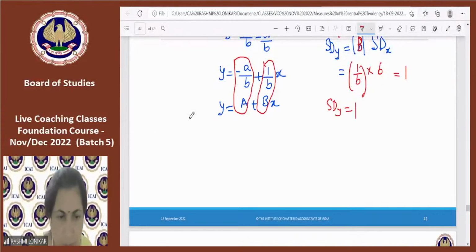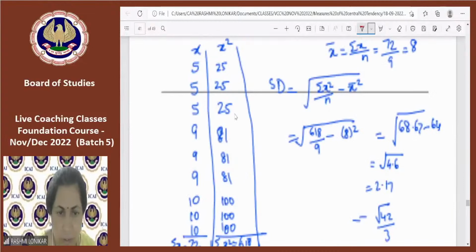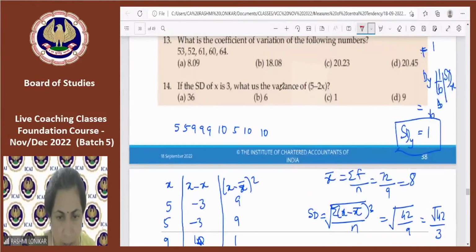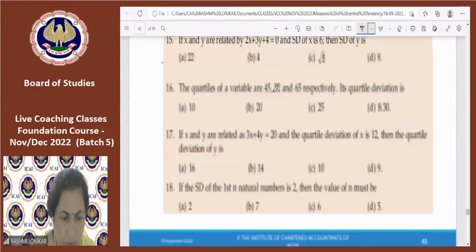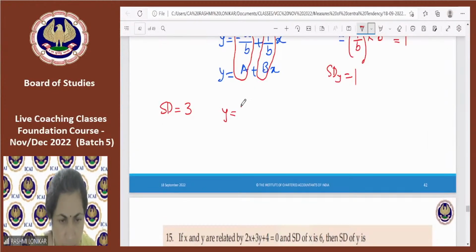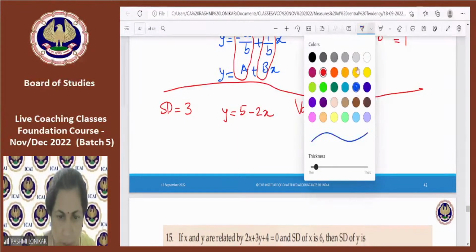So we have been given standard deviation as 3, and we have been given y, where y is 5 minus 2x. Now they are asking you to find the variance of y. This is what they are asking you to find out.